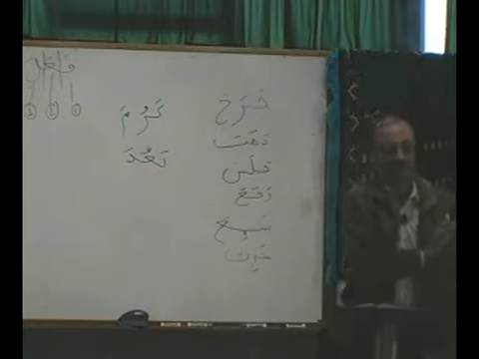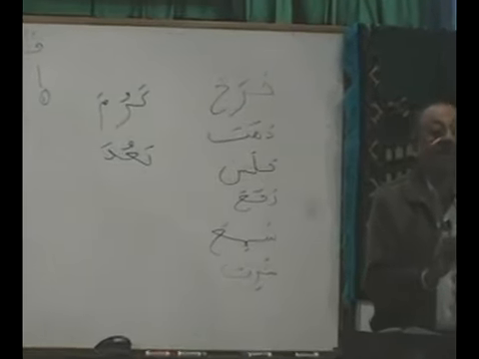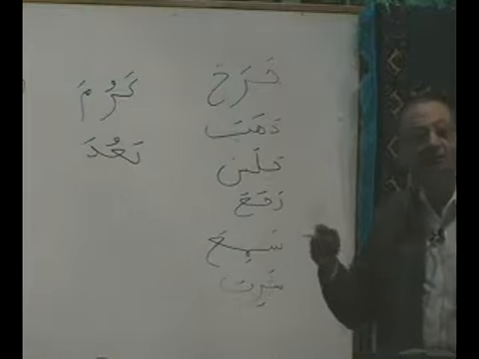All the verbs, in the root form, fa kalima will always have a fatah, and lam kalima will always have a fatah. And what about ain kalima? Ain kalima can have these three vowel signs. It can have a fatah, it can have a kasra, and it can have a dhamma.